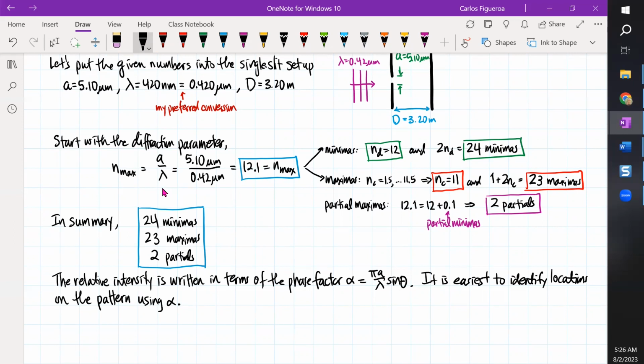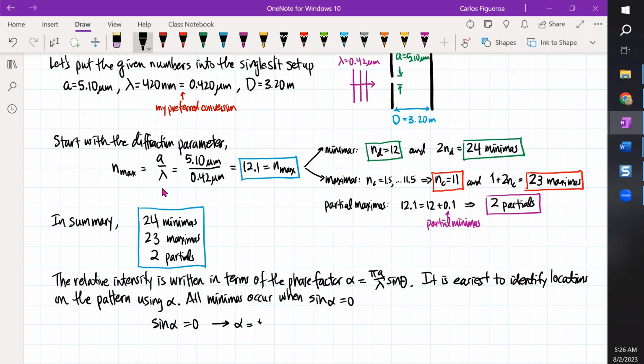And what we see here is that all minimas occur when sine of alpha is equal to 0. So that means if I look at sine of alpha equal to 0, this tells me that alpha must be integers of pi.